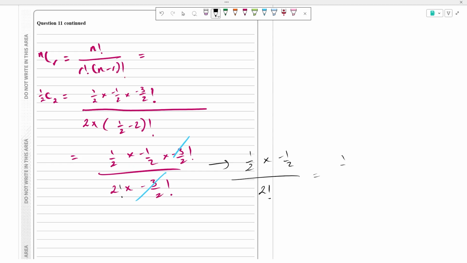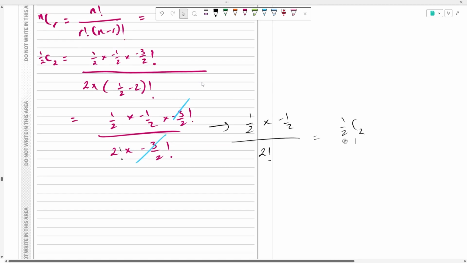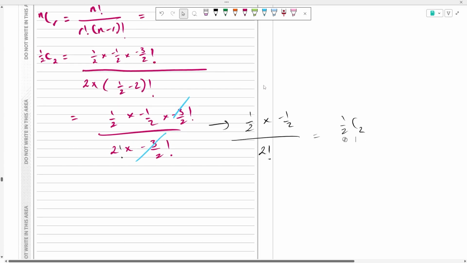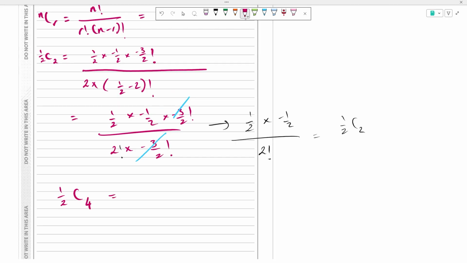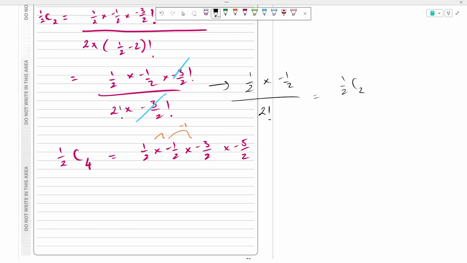And that's going to be equal to a half choose 2. And you might spot a pattern with this. Essentially, a nicer way of doing this is to look at how many terms you have. For example, a half choose 4. You're just going to put that many terms on the top. So a half times negative a half times negative 3 over 2 times negative 5 over 2. Remember, each time you're subtracting 1. And then on the denominator, you just put this factorial.